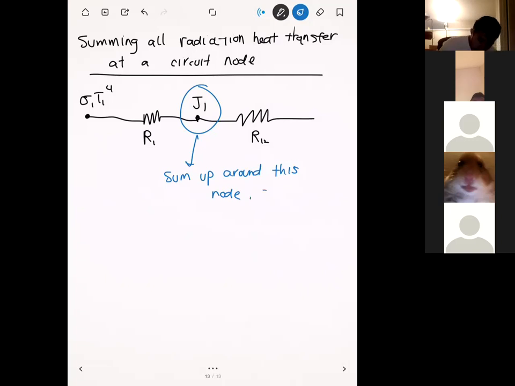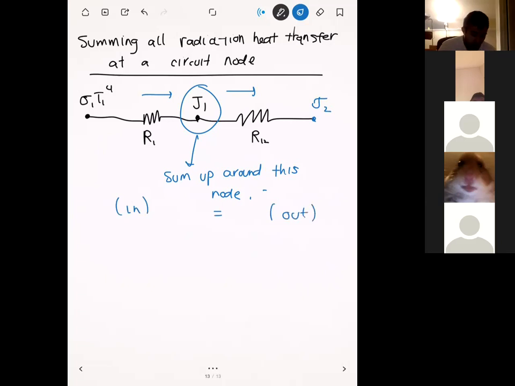Coming into this node, let's say we have heat transfer coming in from the left. And going out of this node, let's say we have heat transfer going this way, from J1 over to R12. Well, I guess we need J2 here for that. When I say to sum up all of the radiation heat transfer going into and out of the node, on one side of the equation you have all the heat transfer coming in, and on the other side you have all the heat transfer going out.